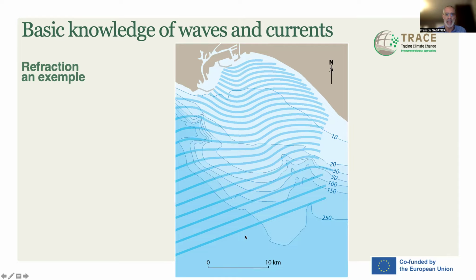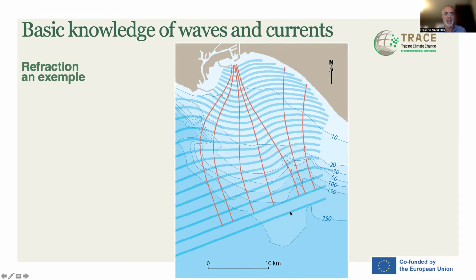Here it is a crest line, and now if you have a look, you see that the crest lines change a lot, and here, for example, they are very different from offshore. So if you build the orthogonals, by calculating them, we find that the maximum energy concentration occurs precisely at the breakwater in front of the port.